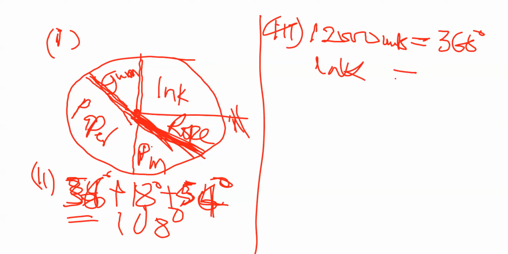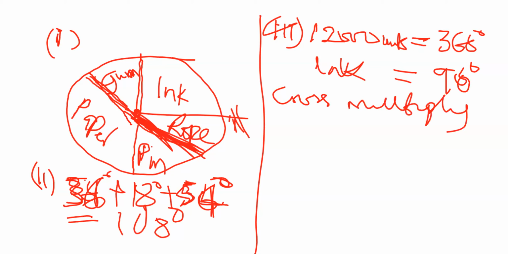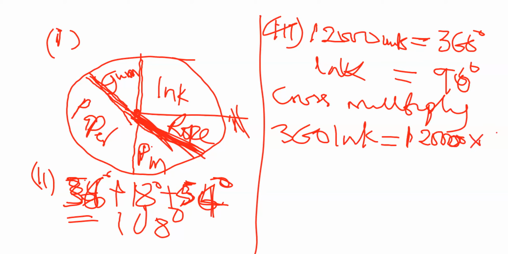90. So you now write 90 degrees like this. I hope you see the way I put it. So you cross multiply. That means 360 times ink equals 12,000 units times 90.